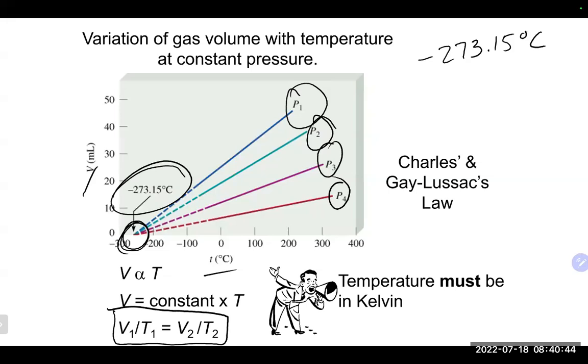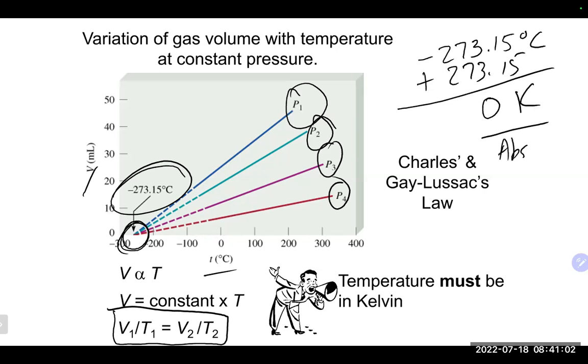That number is important. That is the number that we use to convert to Kelvin. And Lord Kelvin basically realized that, because if I wanted to convert this to Kelvin, I would add 273.15, which gives me 0 Kelvin, which is absolute zero.